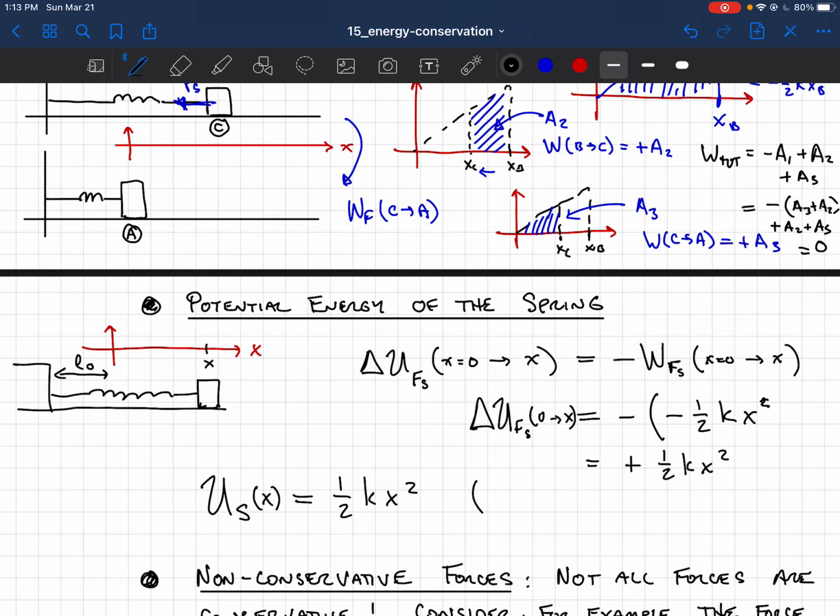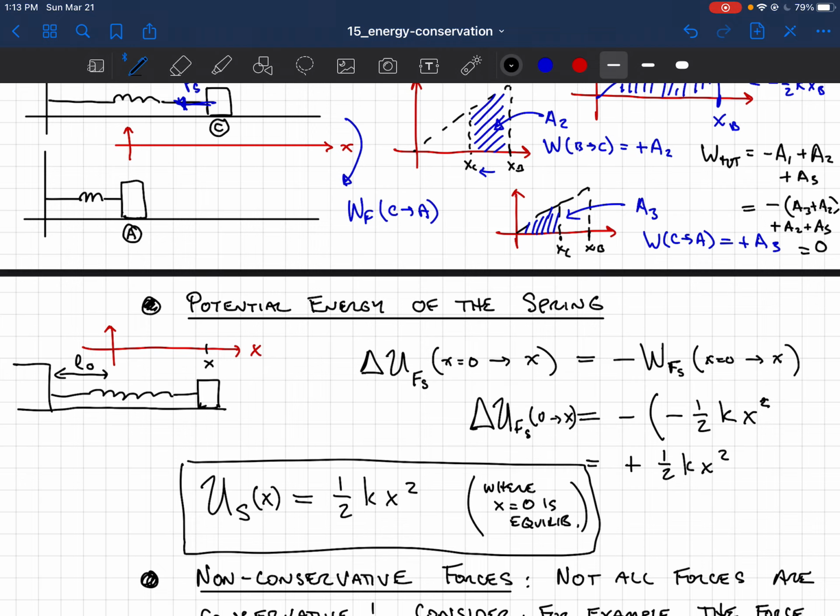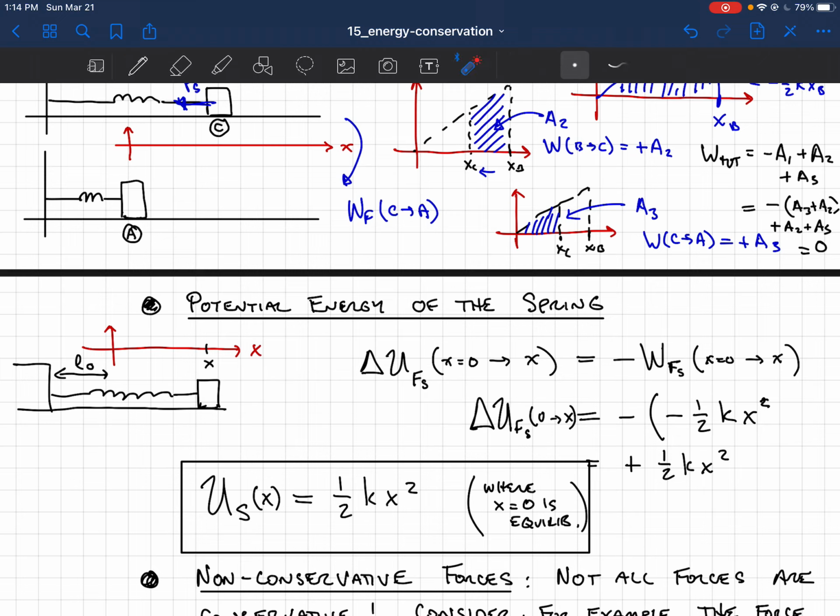And again, I should make a comment where x equals 0 is equilibrium. So this is our potential energy for the spring, right there. So we have a function that tells us the potential energy value wherever the mass has been pulled out to, however much the spring has been stretched.